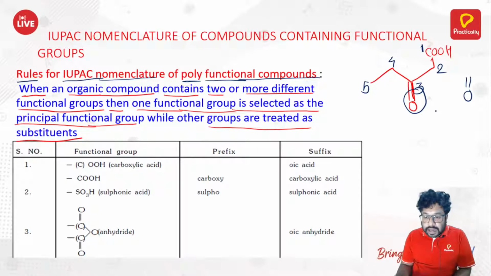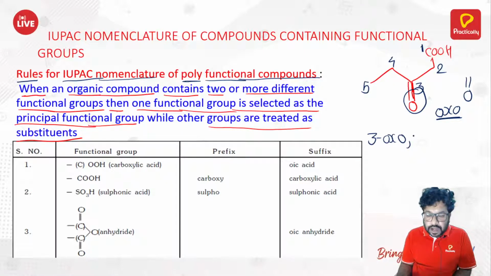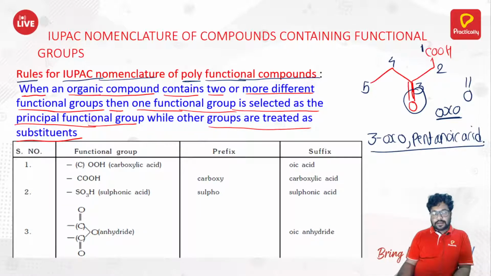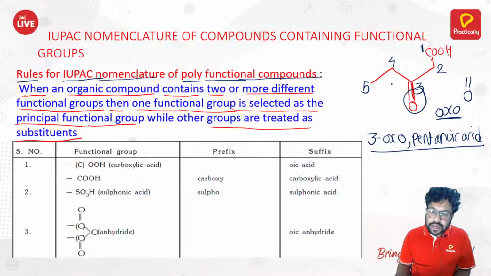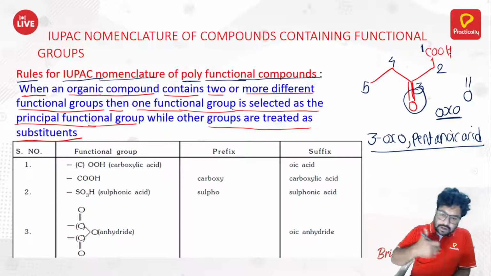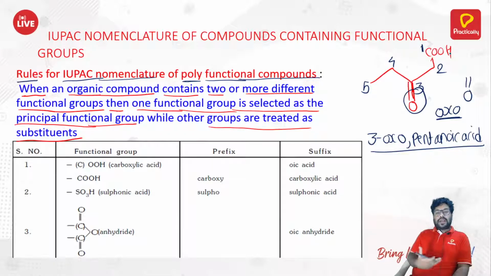So this doubly bonded oxygen is called oxo. It is at the third position. So 3-oxo, comma, pentanoic acid. Pentanoic acid itself is self-explanatory. It tells you that the chain contains 5 carbon atoms and the functional group has been involved in that. So that's how you write 3-oxopentanoic acid.